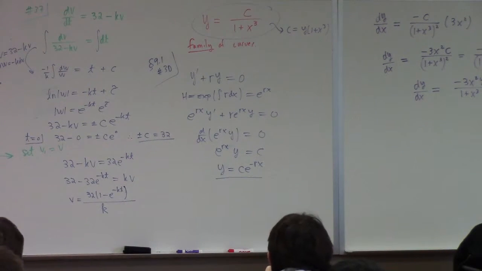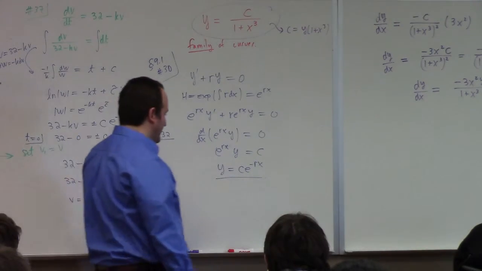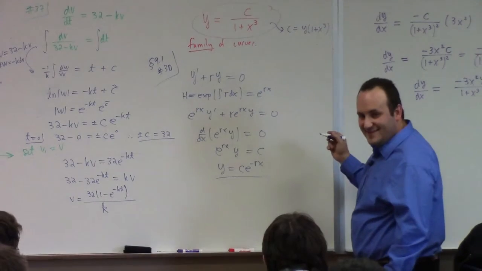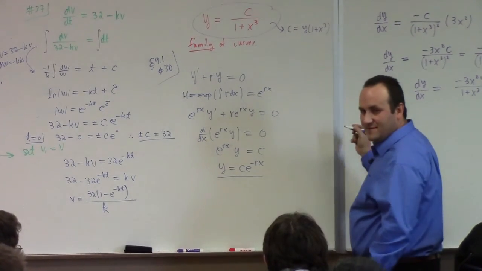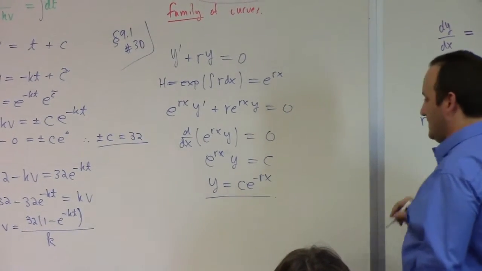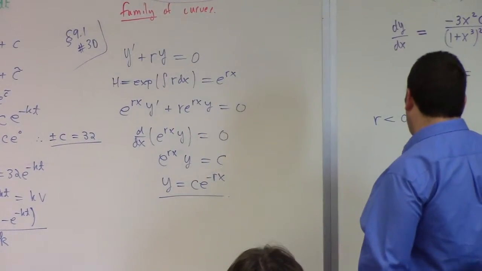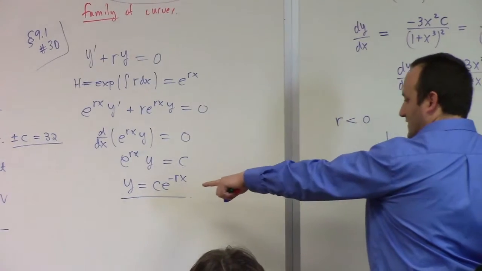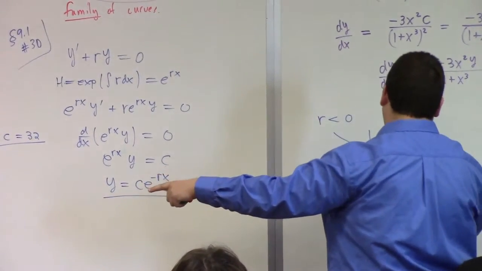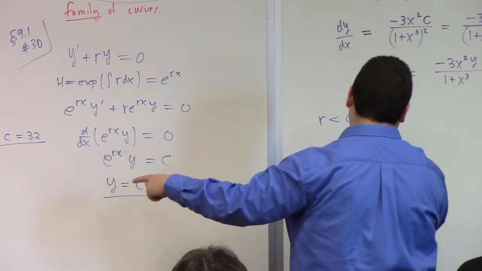I've already forgot. Was it r less than 0? Yeah, part B. R is less than 0. What does y equals c e to the minus rx look like? It's one of these guys, right? I can't graph.